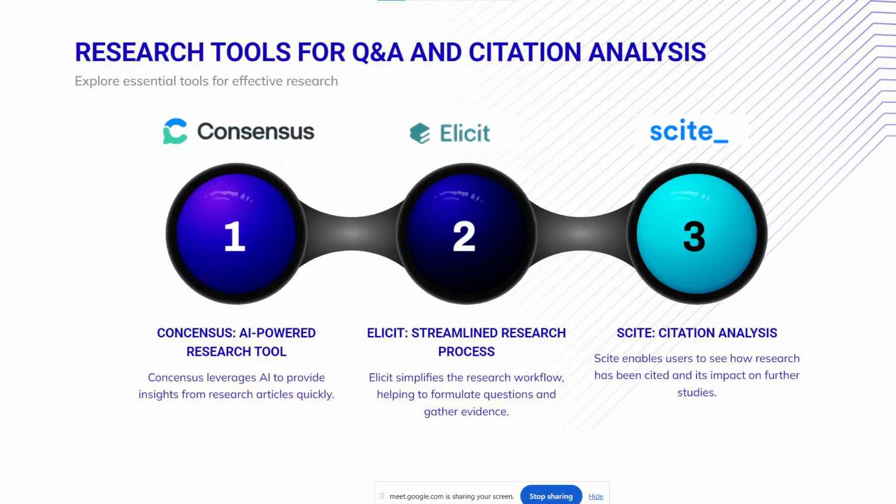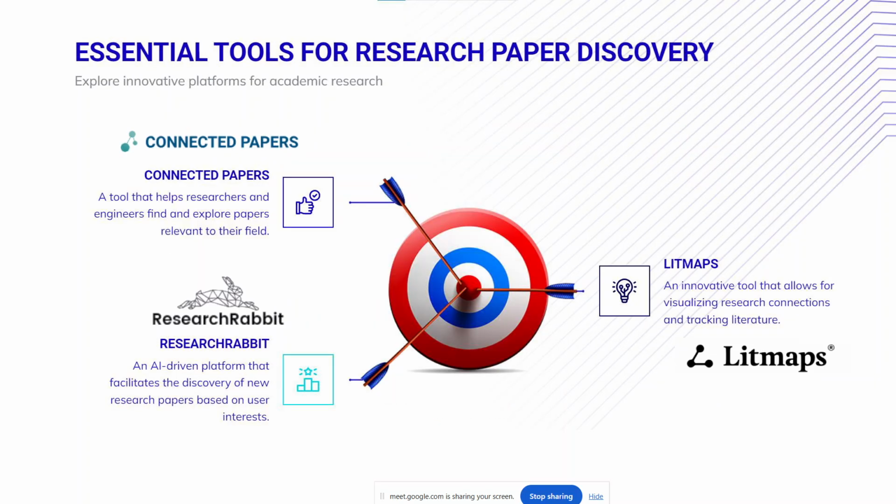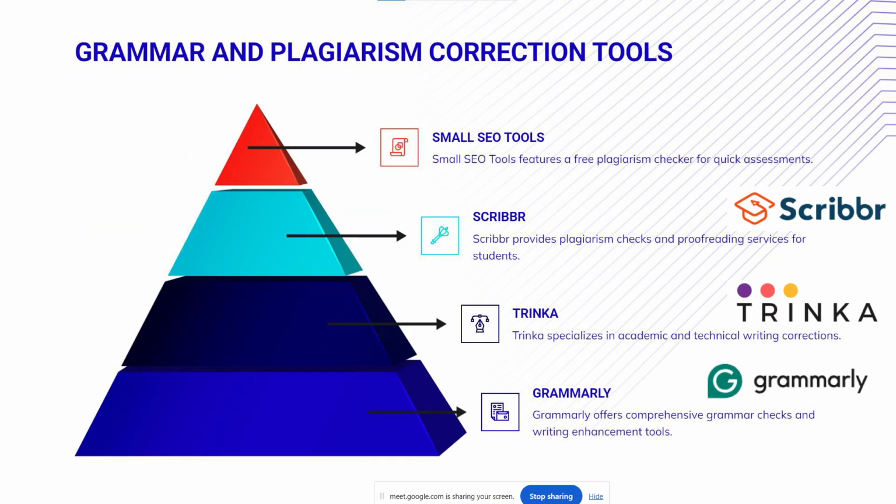Citations are not mandatory, it's optional. If you want to do citation analysis, then you can definitely go for this, or else ignore this part. For searching more relevant papers, we are going to use Connected Papers, Research Rabbit and Light Maps. And plagiarism check we will do at the end.